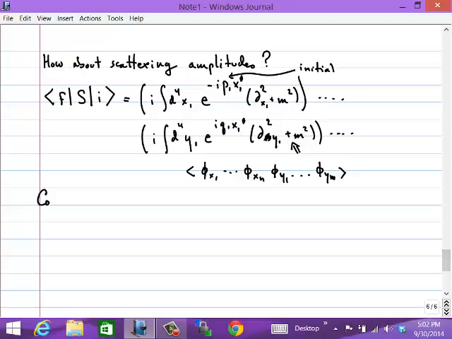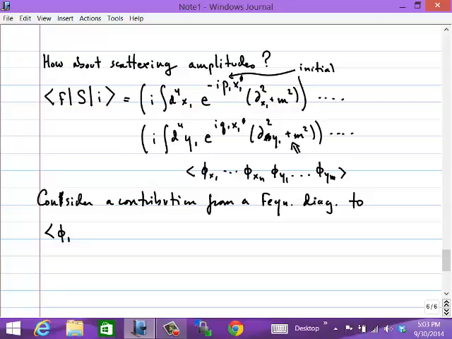So to understand how this works, let's just consider some individual contribution from a Feynman diagram to just some simple two-point function. Okay. So let's just consider this guy here.